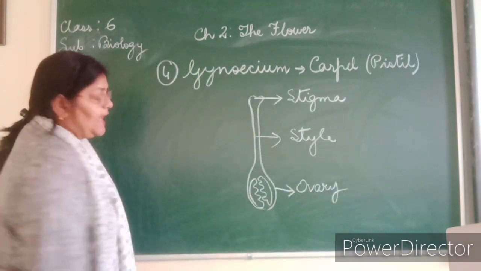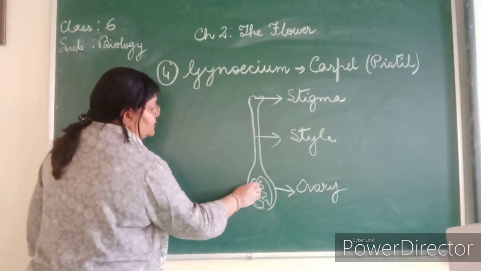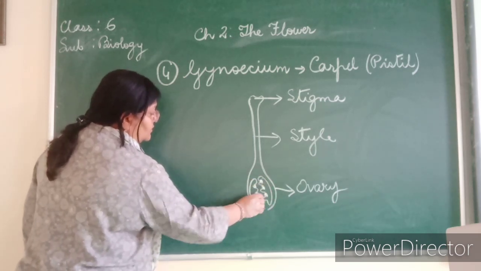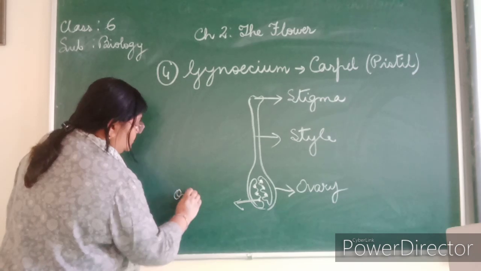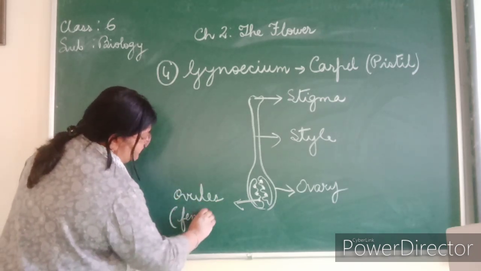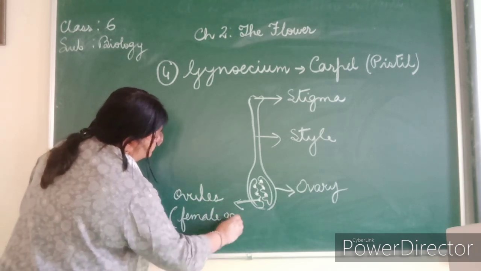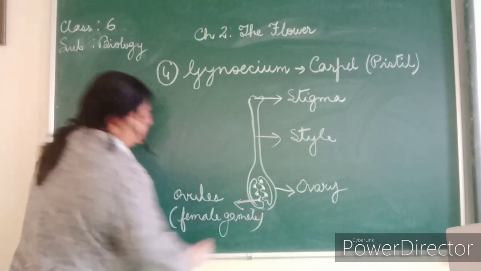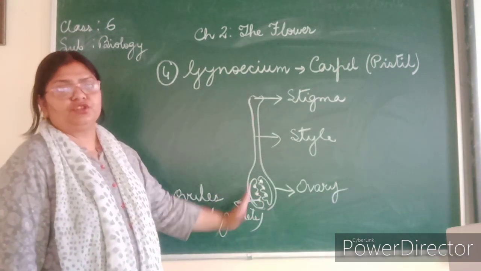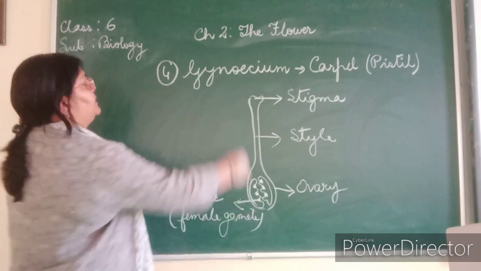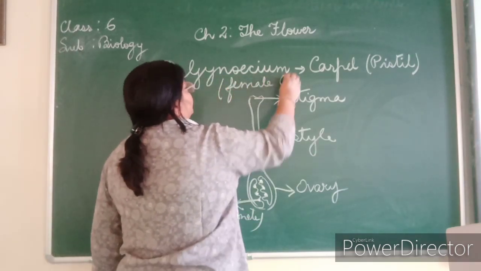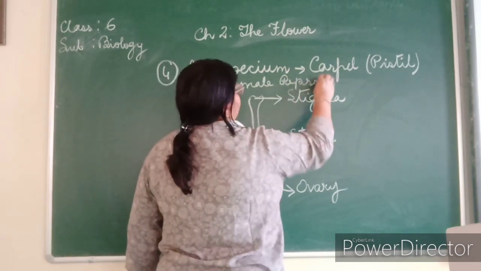Now this ovary has ovules in it. These ovules have the female gamete. So as the gynoecium carries the female gamete, therefore it is the female reproductive part.